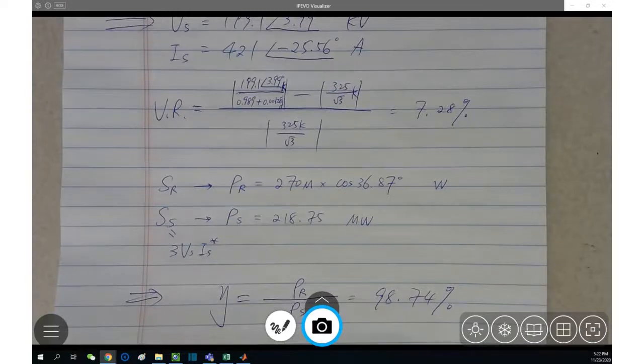Yep, that's correct too. And these are the voltage regulation and efficiency. So take a look to see if there are any questions.